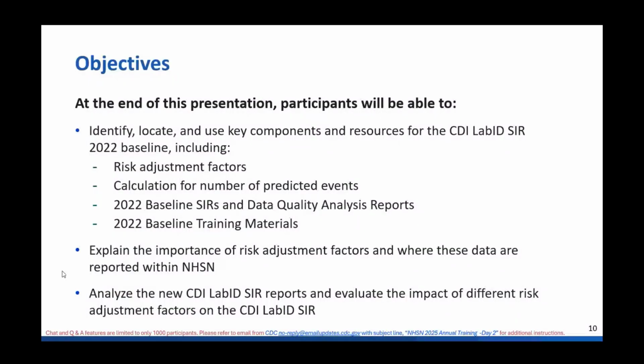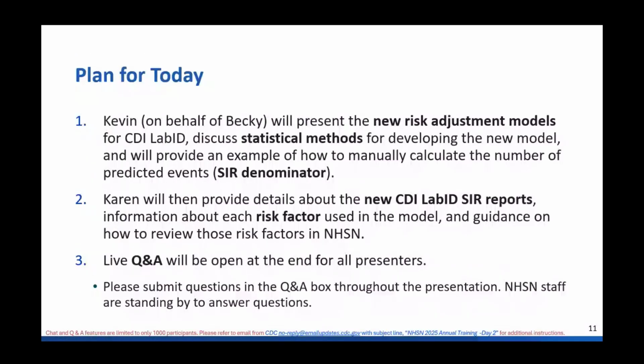So our plan for today is that Kevin will present the new risk adjustment models for CDI LabID, discuss the statistical methods for developing the new model, and provide an example of how to manually calculate the SIR denominator. Then I will join again to provide details about the new CDI LabID SIR reports, information about each of the risk factors used in the model, and provide guidance on how to review these risk factors.